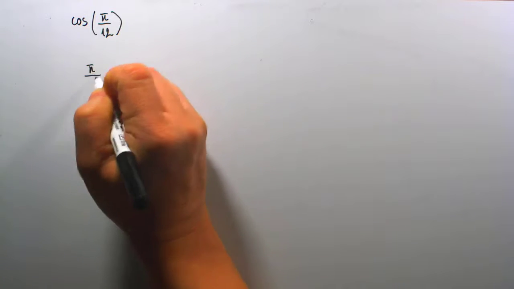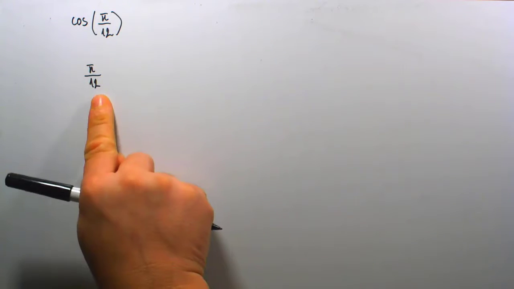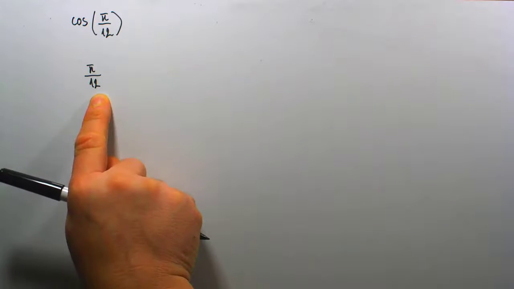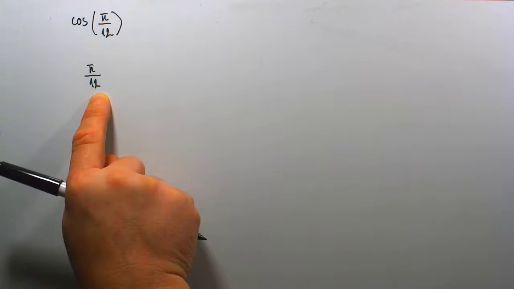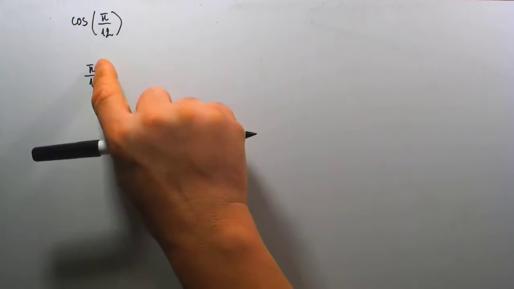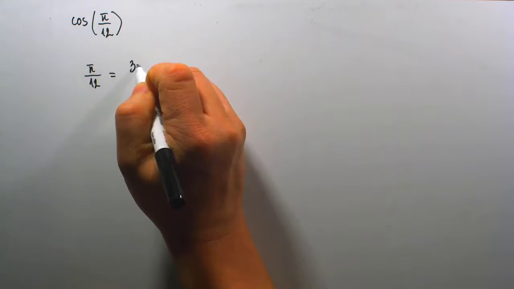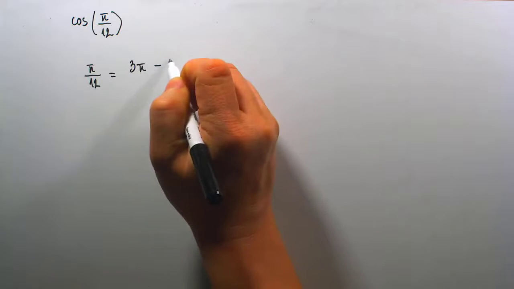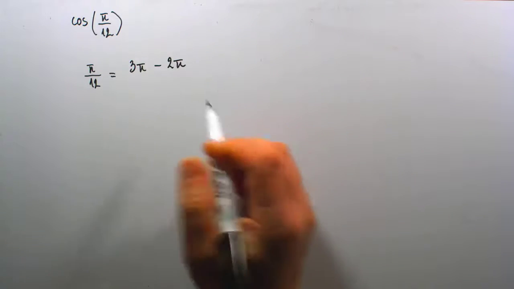I see pi over 12 right now as not a common or known angle, but look at the pi right here, I can see that as 3 pi minus 2 pi, all over 12.